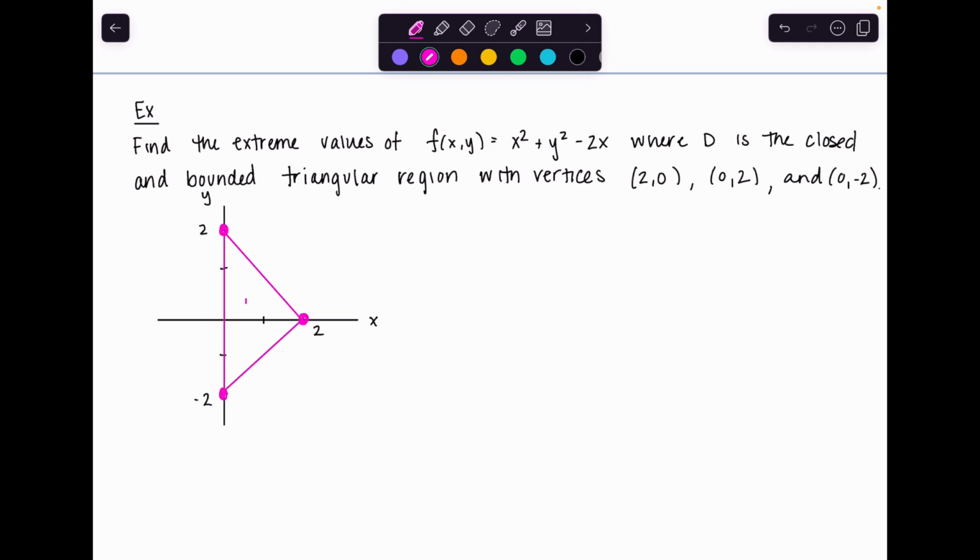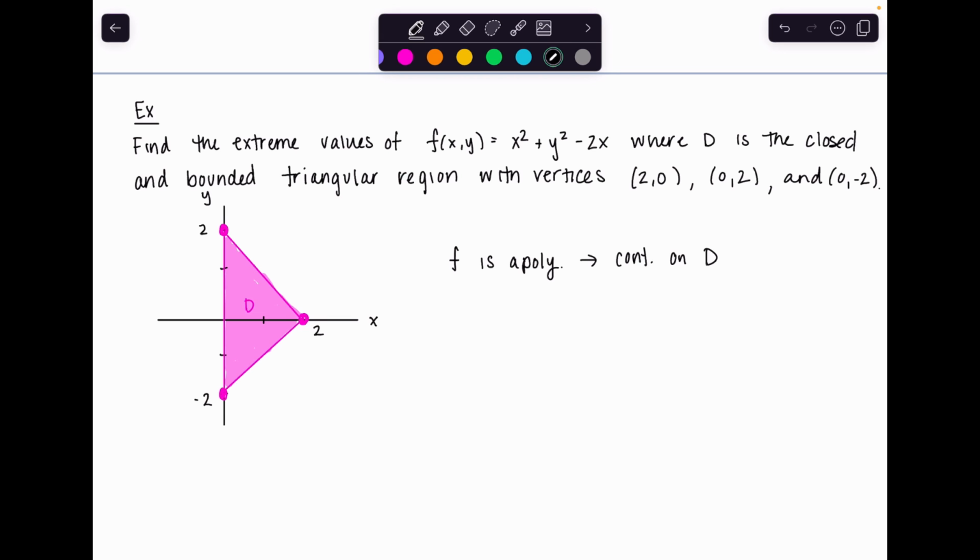So this is my set D. So definitely bounded, and they told us it was closed, so I can include the points on the edge here. The one thing I do need is continuity on this region, and f is a polynomial. So it's definitely continuous on D.